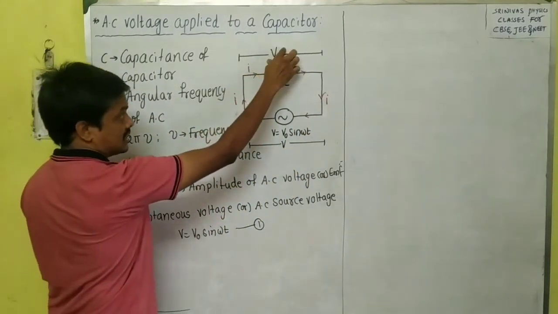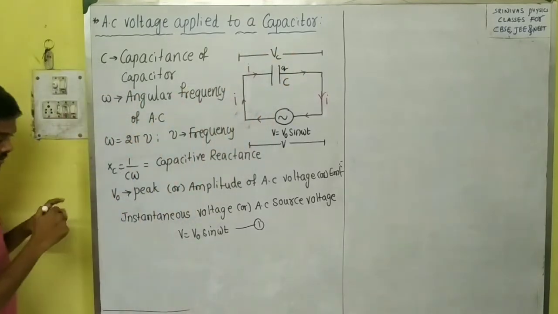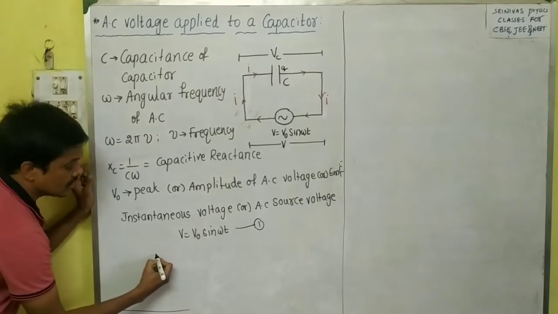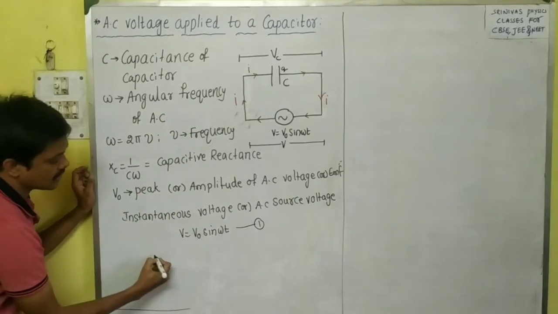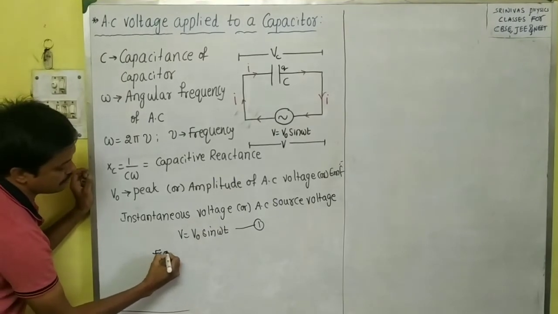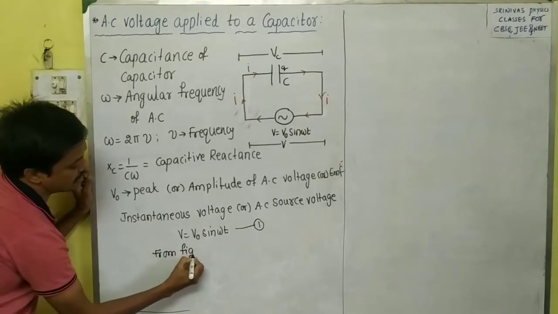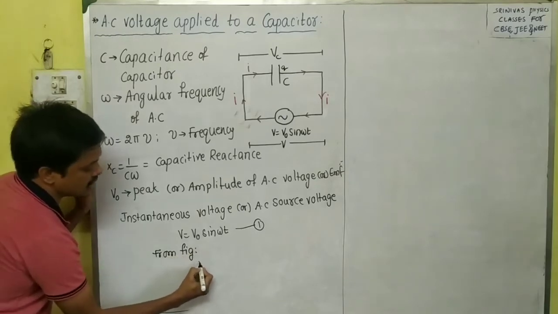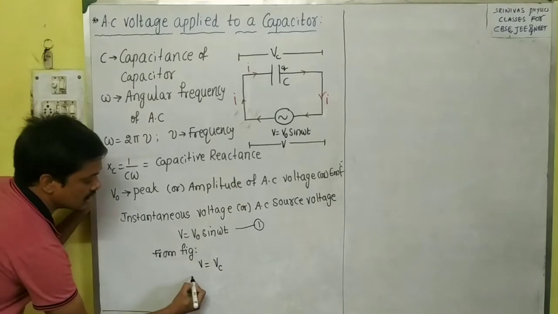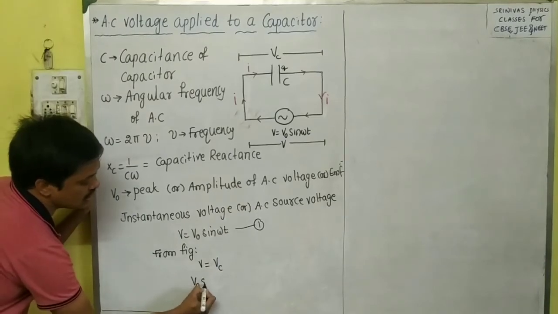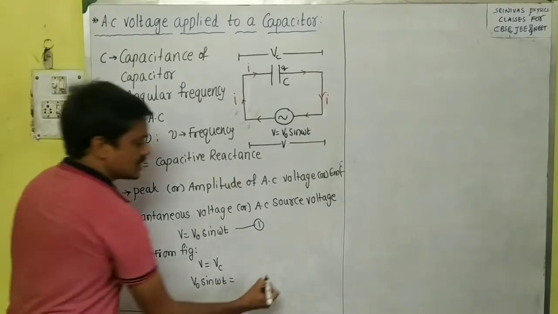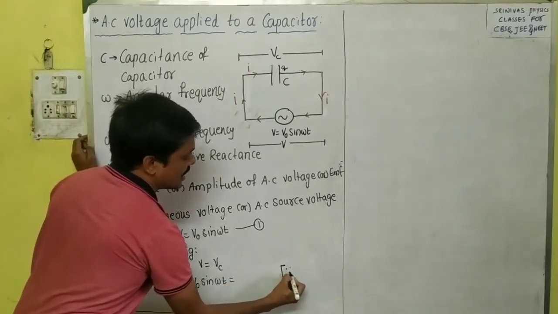The voltage across the capacitance we are considering as V suffix C. Then we can write, from the figure, by Kirchhoff's law, the voltage across the AC source is equal to the voltage across the capacitance.